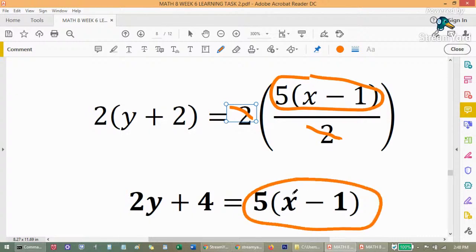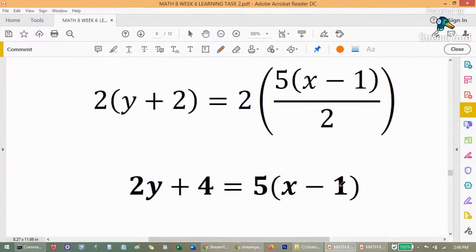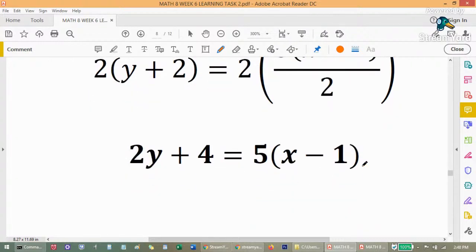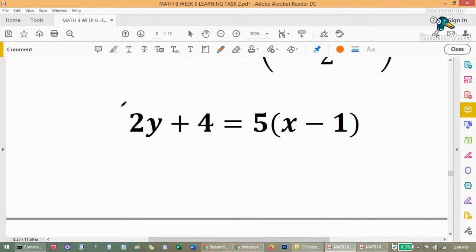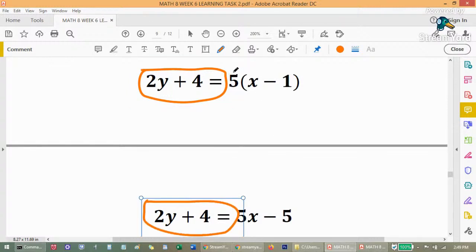Only then do we operate on the parenthesis. So we copy this part, 2y plus 4 equals 5 times x is 5x, and 5 times negative 1 is negative 5.